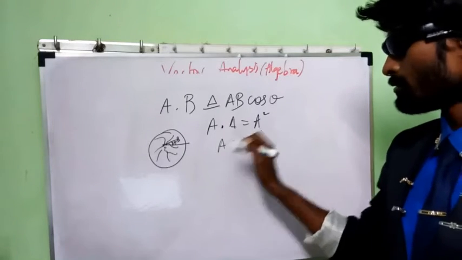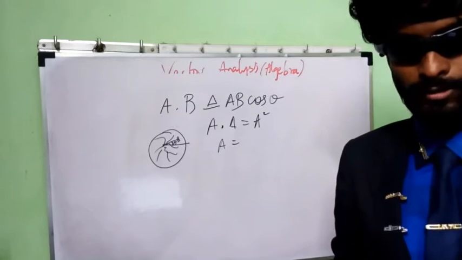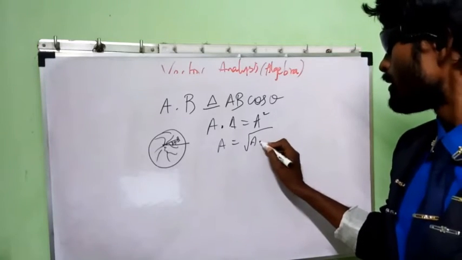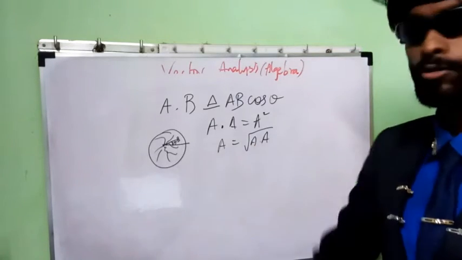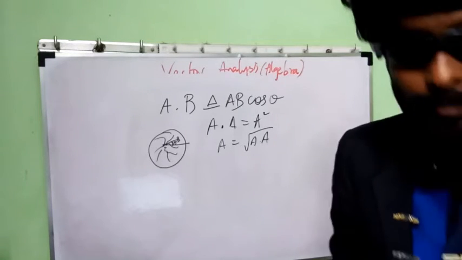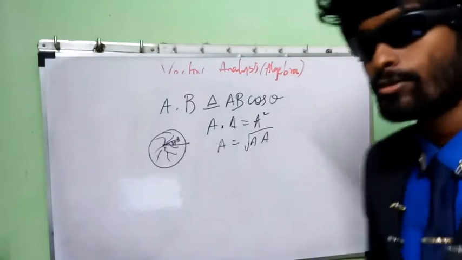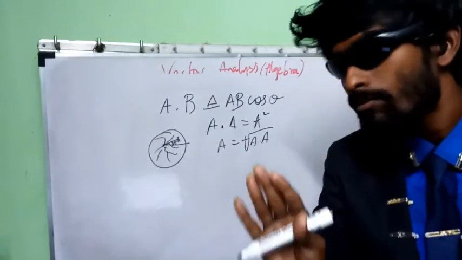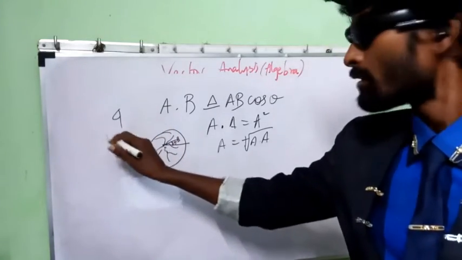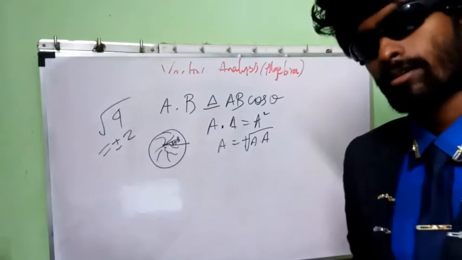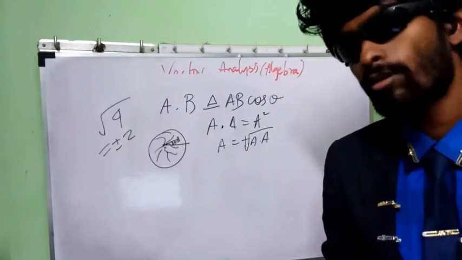So A is equal to, what's A going to be equal to? It's going to be the root of A dot A. If you take the root, it may be a plus or it may be a minus. Is it? No. It should be in the form of plus. It's not a minus. For example, if you take 4, the square root of 4 means you can have plus or minus 2, because minus 2 whole squared is equal to 4, and plus 2 whole squared is equal to 4.